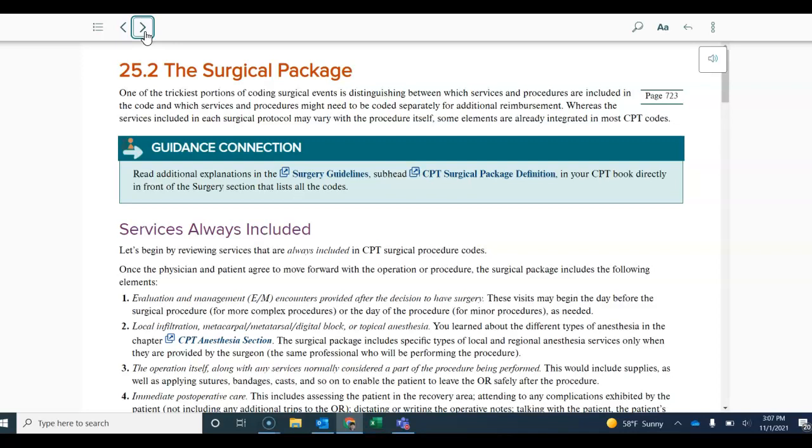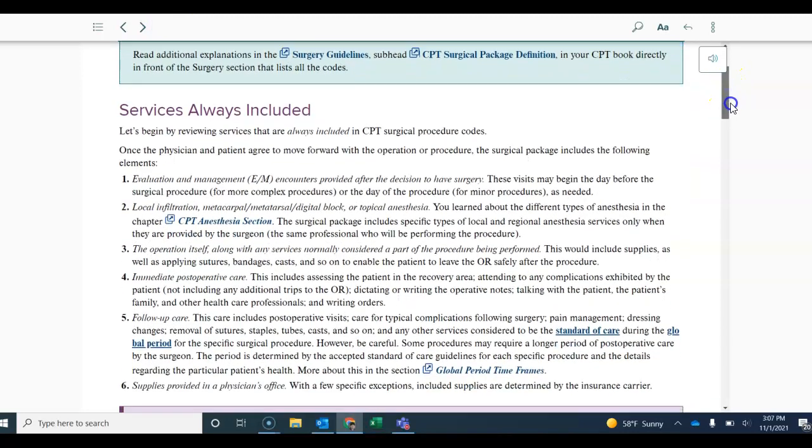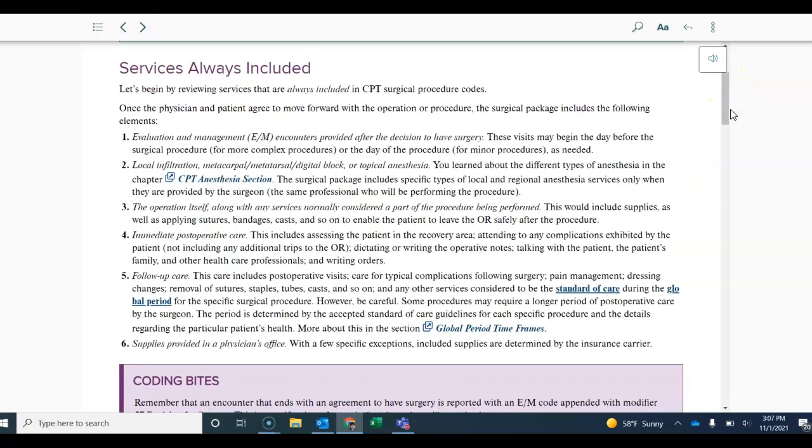Okay, so the surgical package always has the E&M code where there's a decision for surgery. Okay, so you don't get to bill that separately. Any kind of local, digital block, topical anesthesia. Remember, topicals on the skin.